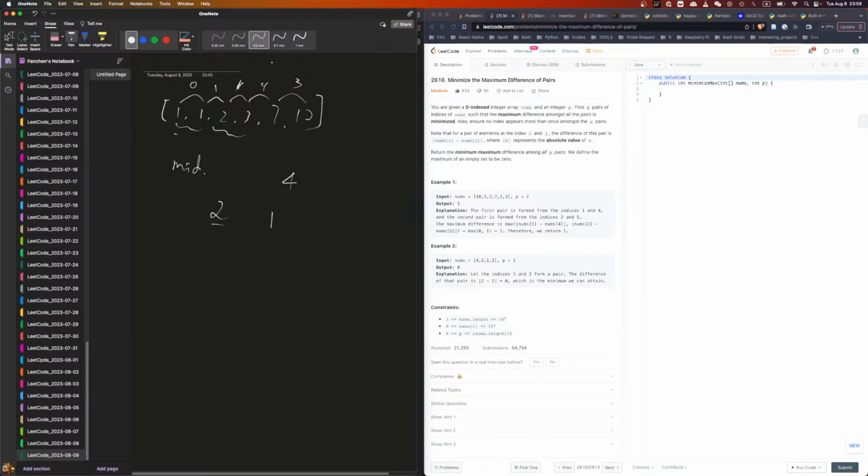Maybe it's not binary search. I feel it is binary search. Is this one of the difficult ones? I don't remember. No, I think I solved this one last time.